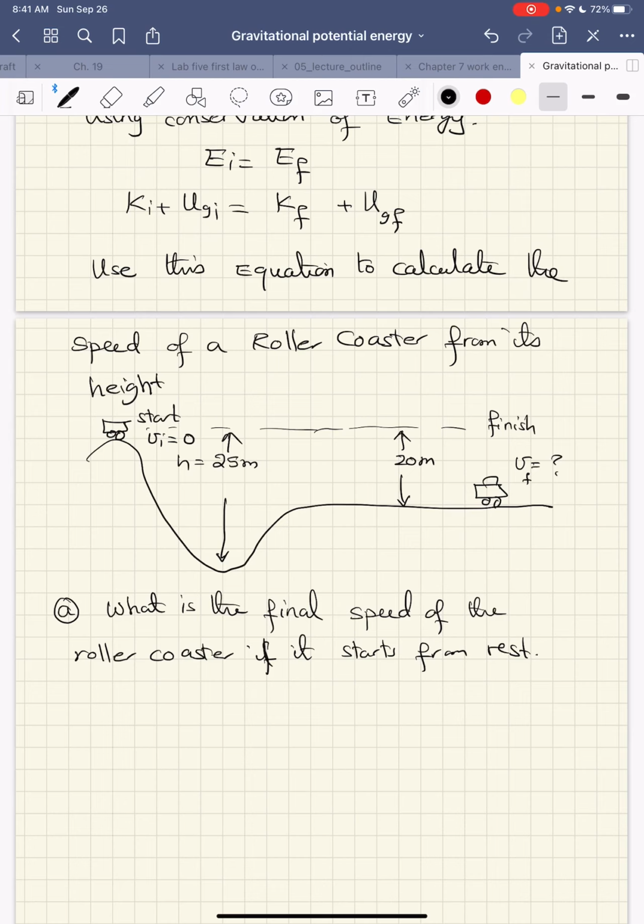Here we're going to assume no frictional forces.